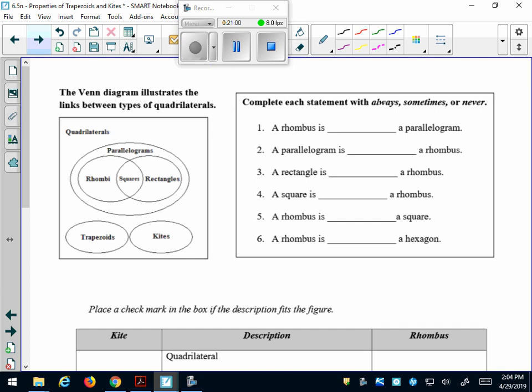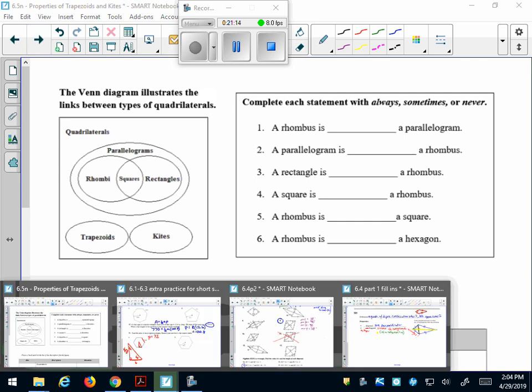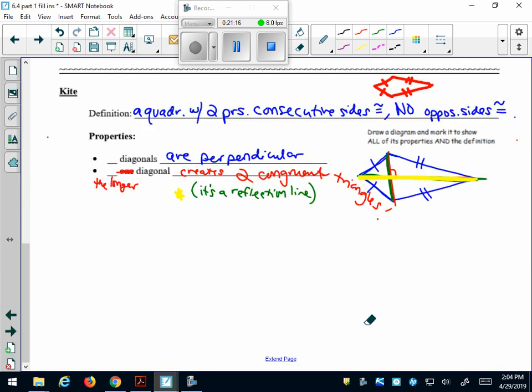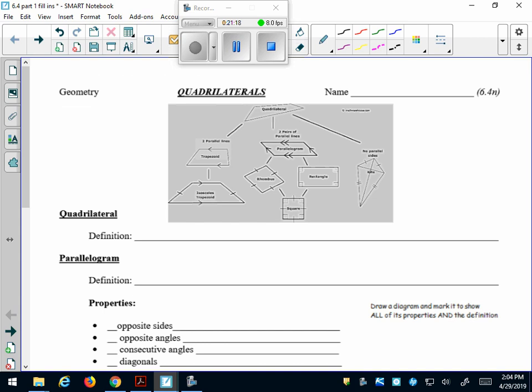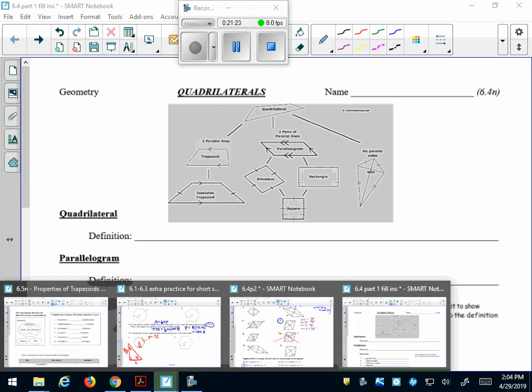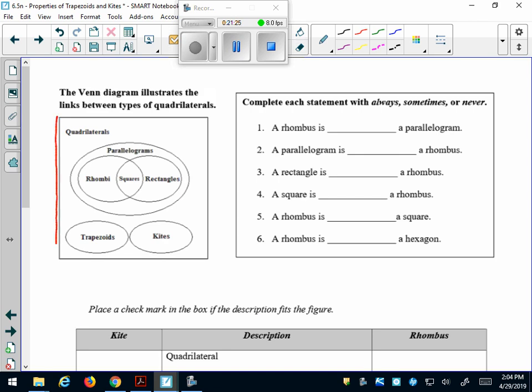Okay, look at the back for a minute. On your pink sheet, you had a visual of the types of quadrilaterals as like a family tree. Let's just look at that really quickly. Right? Kind of like a tree diagram here of all of the categories. And now this is another sort of visual way of depicting the different categories of quadrilaterals.